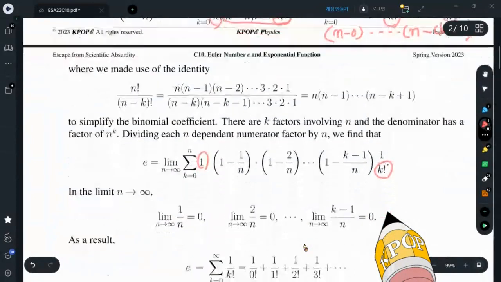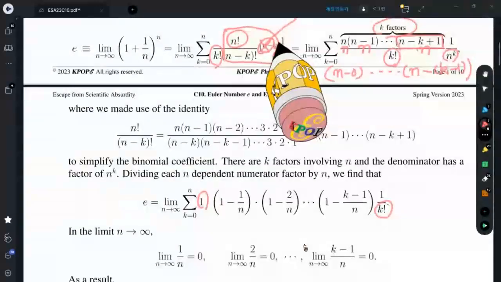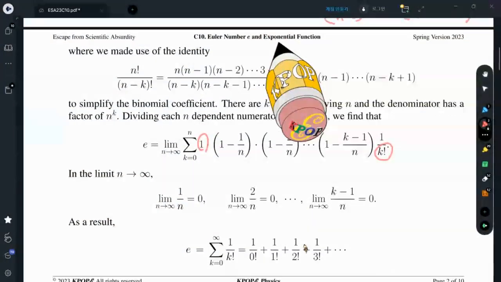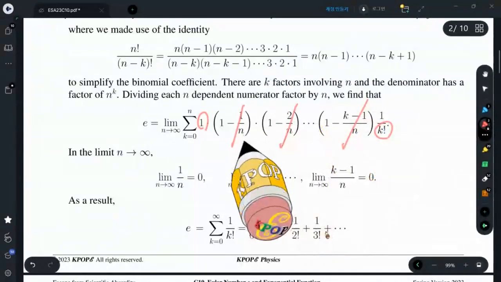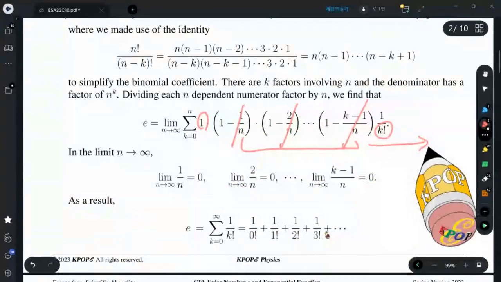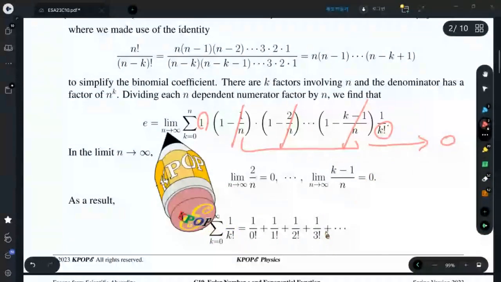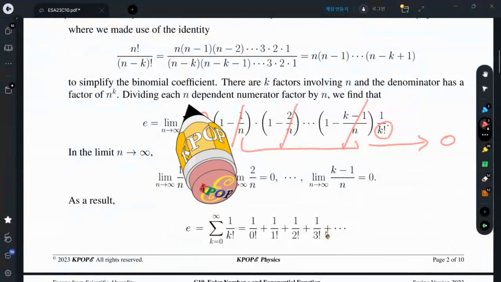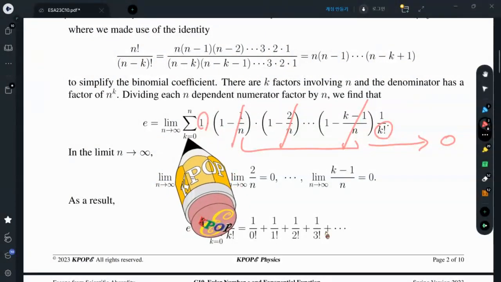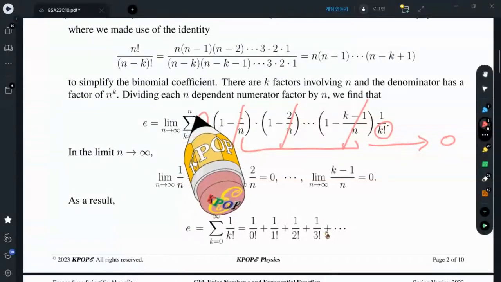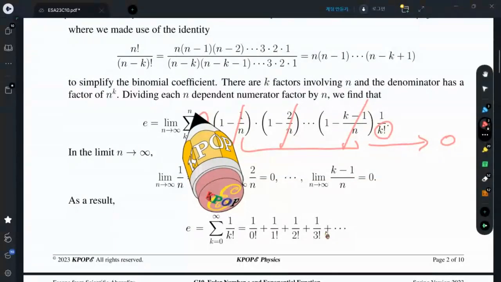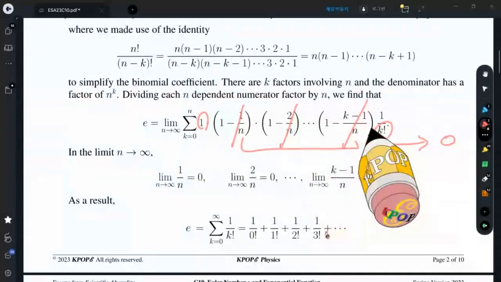By the way, for a finite k, everything in the second term disappears as n goes to infinity. Sure, if we have a very large value of k that approaches the upper limit, that is not expressed in this manner.